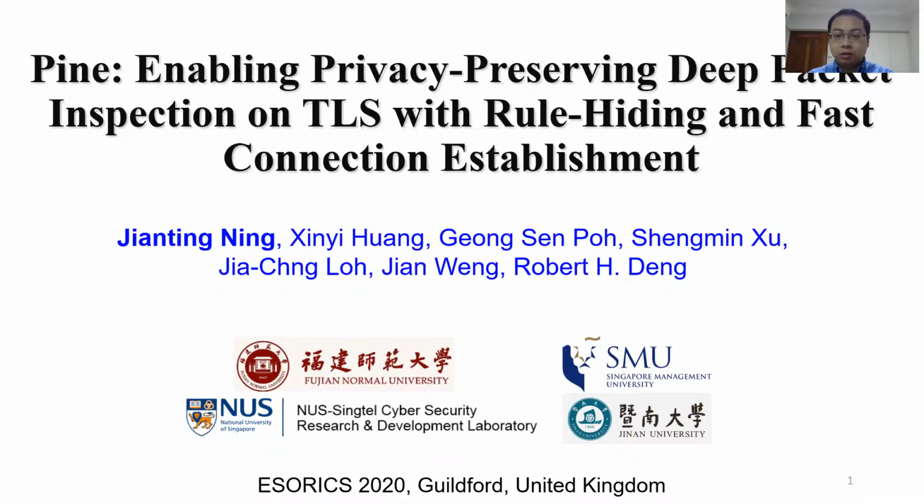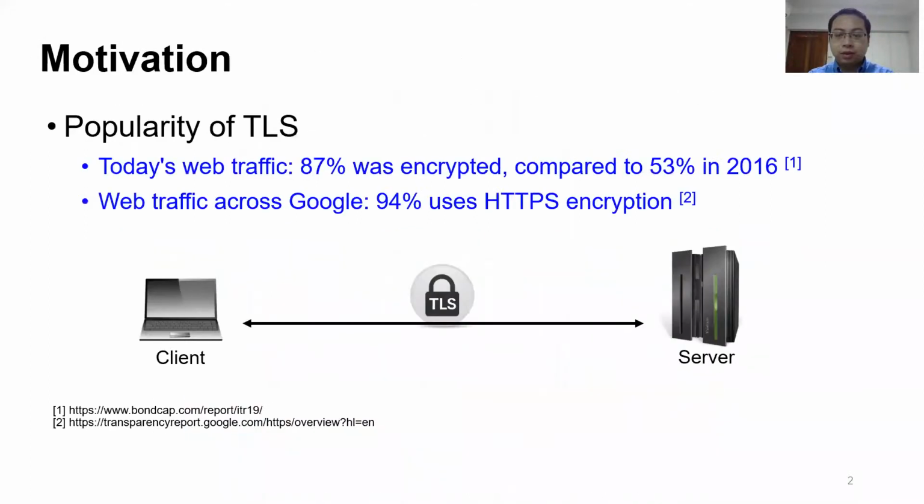This topic is on how to enable privacy preserving detection inspection on TLS with low overhead and faster connection establishment. Throughout the internet nowadays, we see the popularity of TLS increasing day by day.